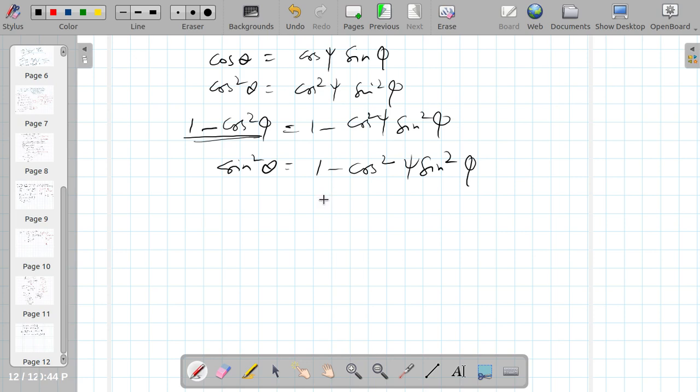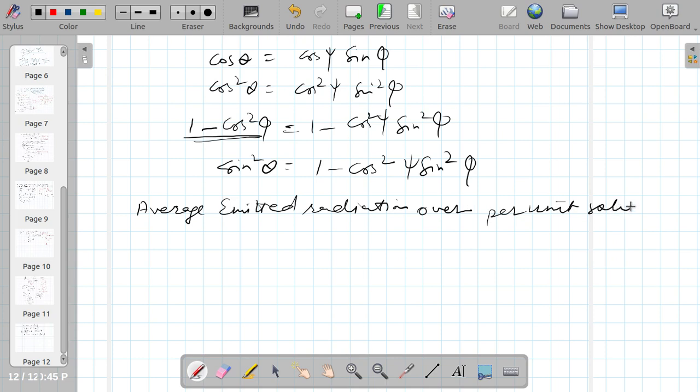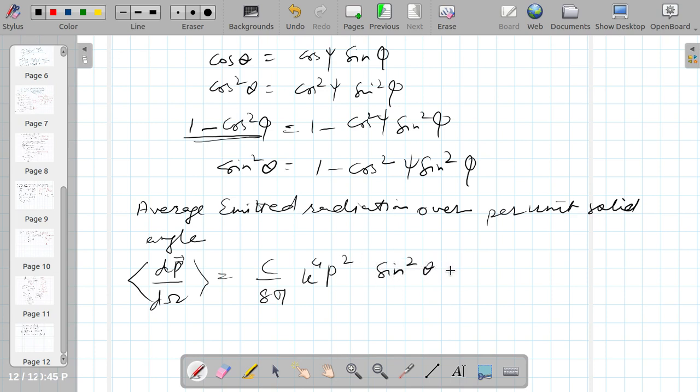Now we have to find out the average emitted radiation, emitted radiation per unit solid angle, and it is defined mathematically as C over 8 pi k4 p square and sine square theta d psi, integral from 0 to pi.